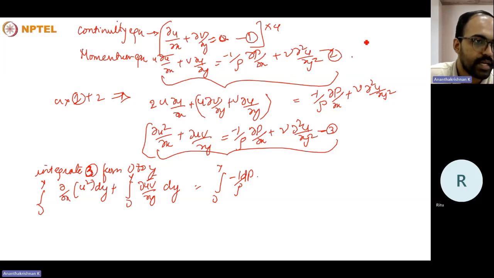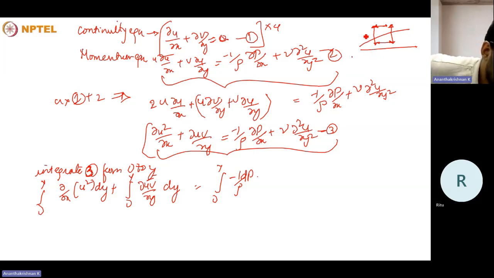In the case of a flat plate boundary layer, from the scaling analysis, the pressure at this particular point will be the same at these 2 points. So if you take the dou P by dou X pressure gradient in this direction, that will be the same in this direction as well. This is from the scaling analysis between dou P by dou X and dou P by dou Y that we have seen in one of the earlier lectures.